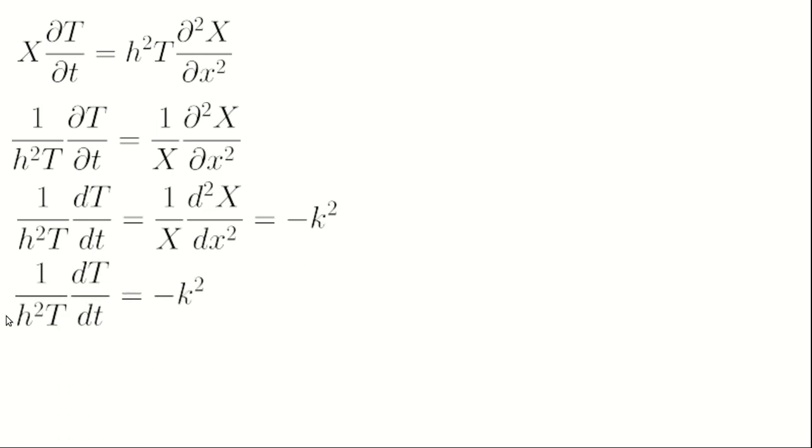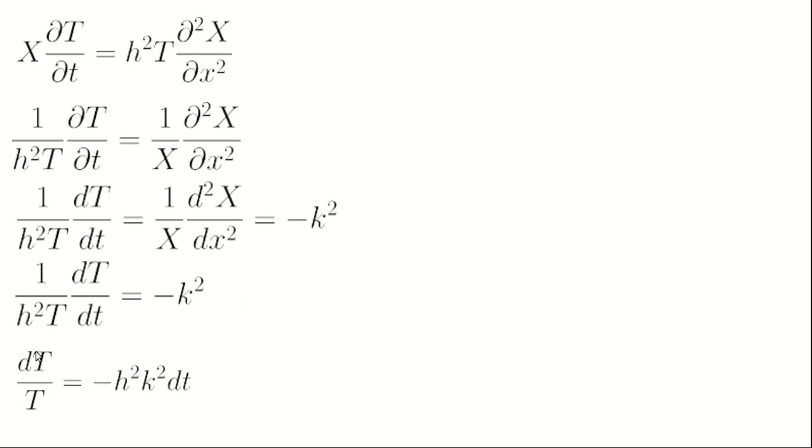So this is the time part. From the time part, we can separate this using separable variables, taking dt h squared to this side, and let's see what happens. So we have dT all over T h squared, and this small letter dt comes to this side. So we have this.